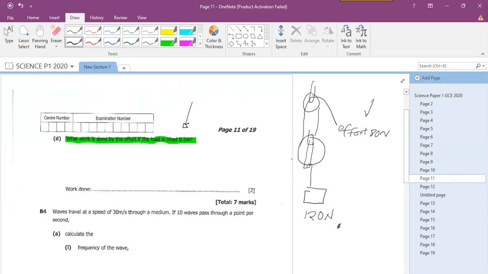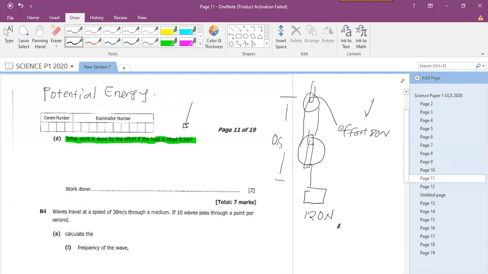So every time you've been given a distance, and the distance that has been given here is 0.5 meters, and you're moving upwards against gravity, that's work done against gravity. So what do we call work done against gravity? We call work done against gravity potential energy. So here they are actually telling us to calculate the potential energy.